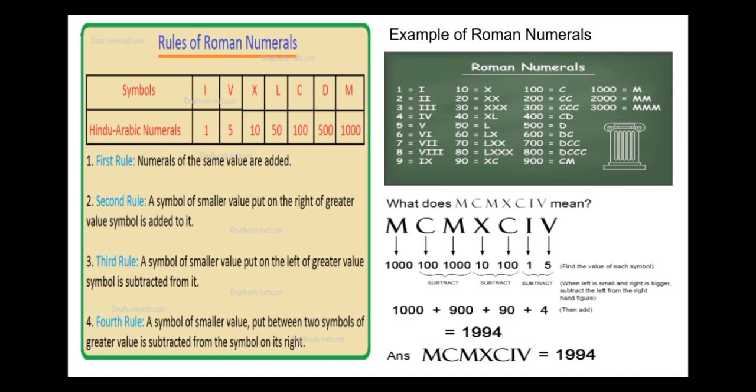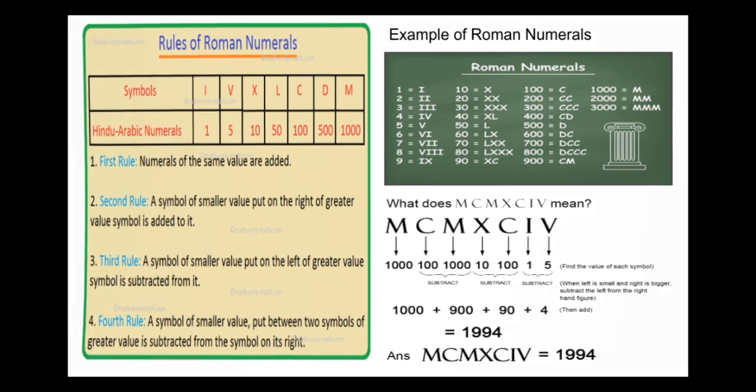Adding 1000 plus 900 plus 90 plus 4, we get the answer as 1994. The symbol in Roman numerals MCMXCIV is also equal to 1994.